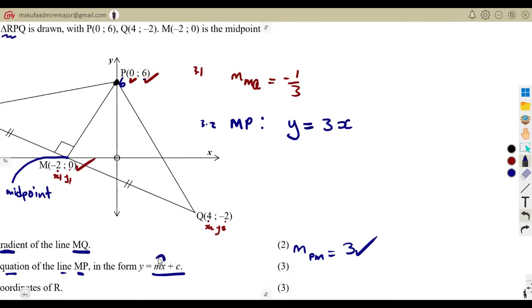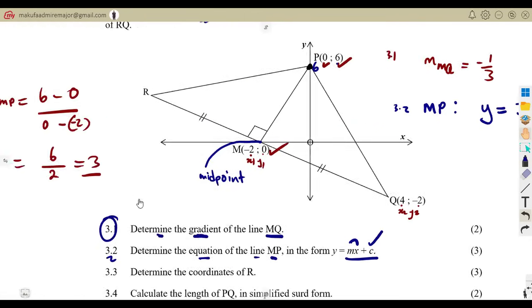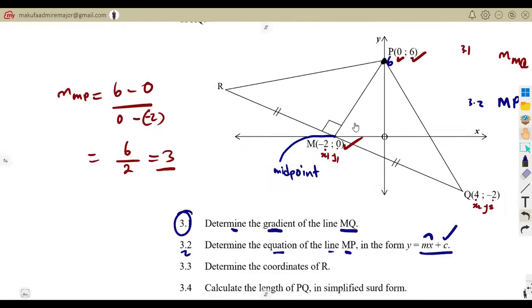Remember, that's mx plus c. It crosses the y-axis at 6. So the equation is y is equal to 3x plus 6, just like that. So if you have a gradient, then the y-intercept is there.